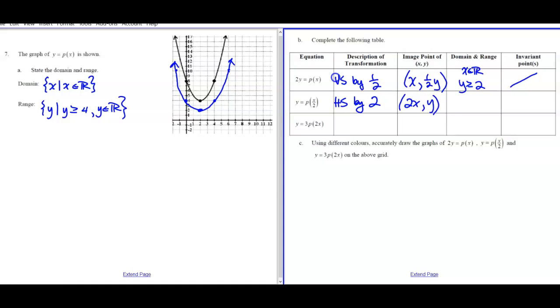Now, if your domain is all real numbers, and you're doing a horizontal stretch, what happens to the domain? Still all real numbers, because we're going to infinity. Stretching infinity is still infinity. You don't have a finite end to it. So this will stay the same, and your range will stay the same. Okay?